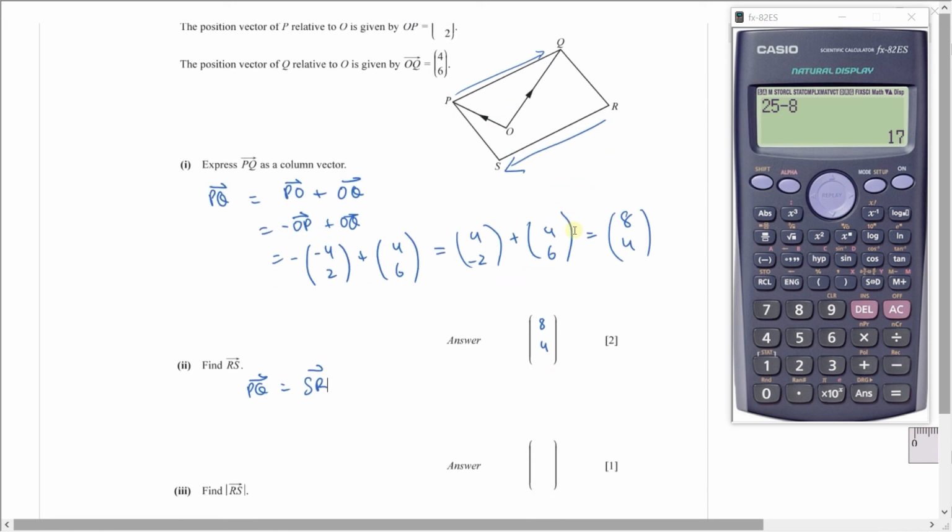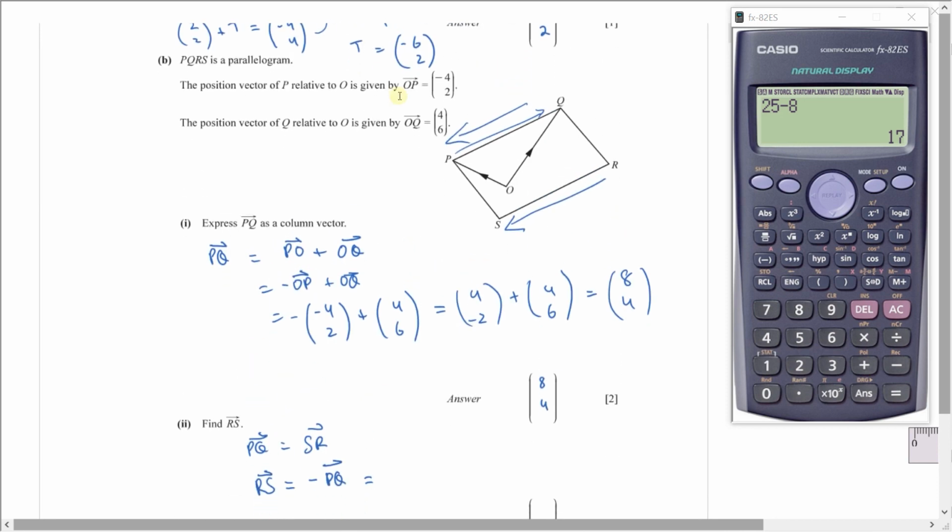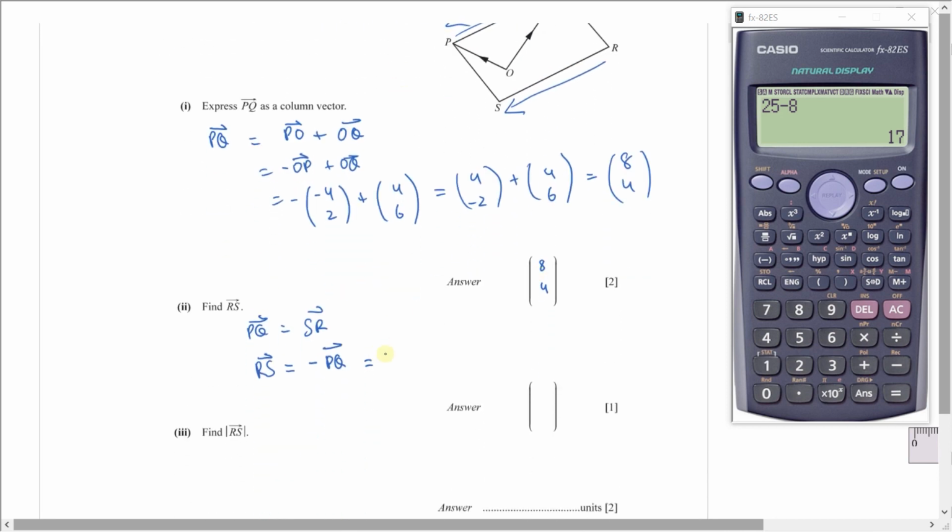So your vector RS will be equal to negative PQ, because PQ is this and we are looking for this. So you just multiply this with the negative sign. You found PQ in the previous part, (8, 4). So this will be (-8, -4).